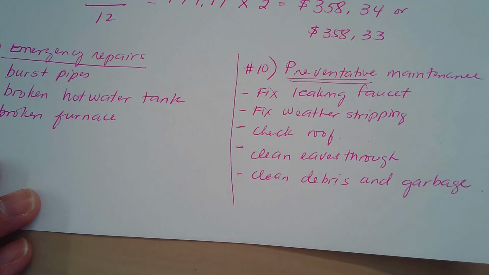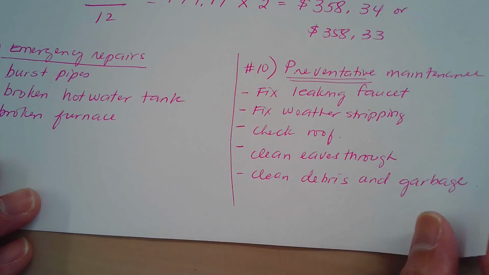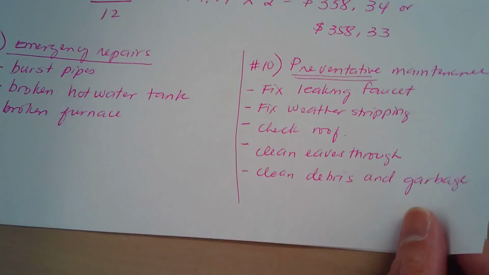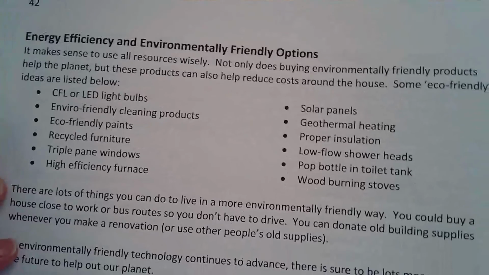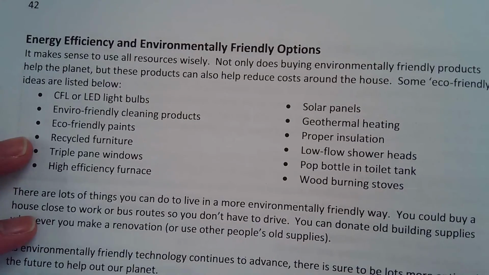Okay? Good? Now we're on number 12 and number 13. Is it okay if I flip it? Okay, number 12. State 3 examples of energy efficient improvements. Okay, what are the energy improvements? If we take a look at this one, energy efficient, this is on page 42.